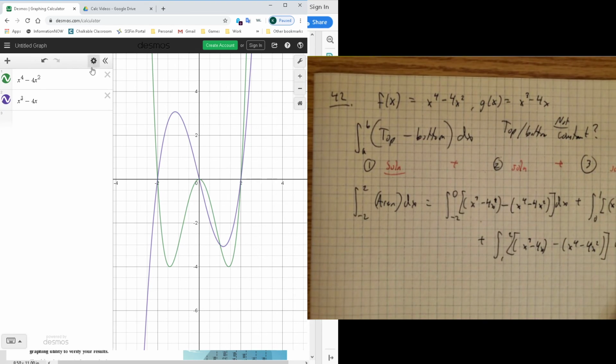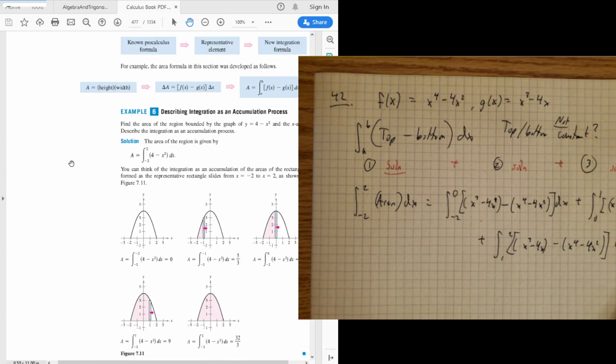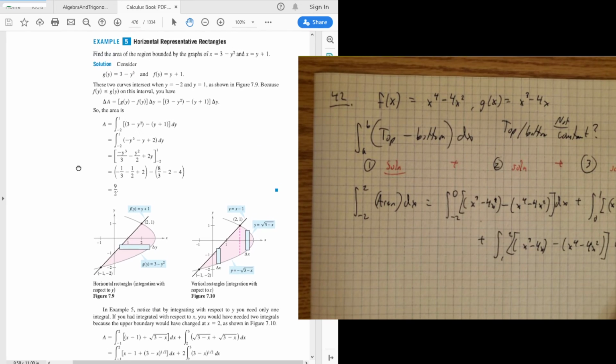Before I end today, with the remaining minute of time I'm going to take, I do want to point out that this is the first time it's really mentioned in the text, but you can do it both ways. In this case, you can see how they've taken these expressions and written them in terms of y.